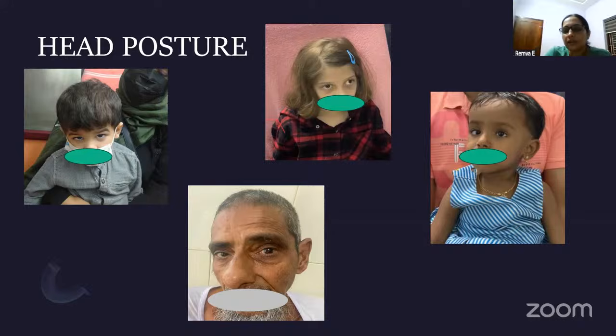Normally, squint is divided into comitant squint and incomitant squint. In a comitant squint, the amount of deviation will be equal at all gaze positions, whereas in an incomitant squint, it is different in different gaze positions. Incomitant can be either a paralytic squint or a restrictive squint.